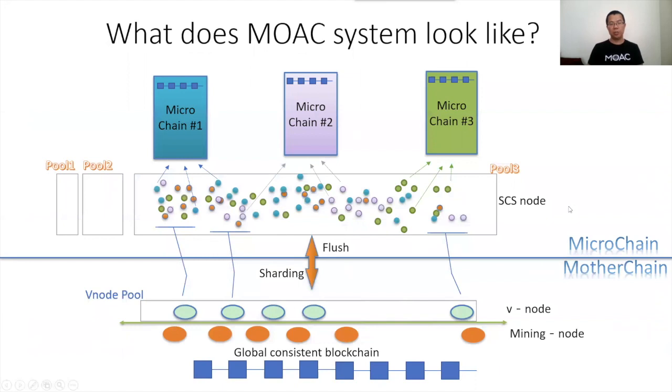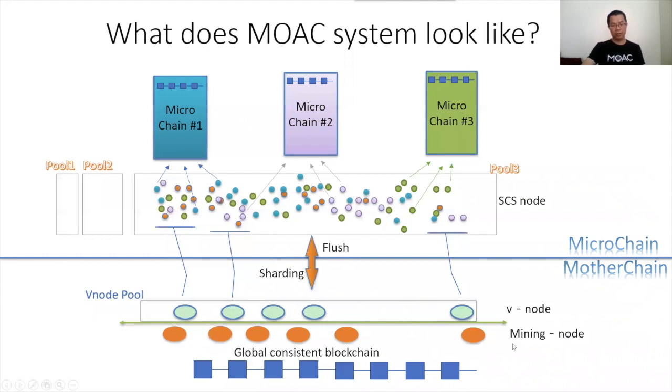Let's take a look at what the MOAC system looks like. As I said earlier, we have two layers. At the bottom, we call it the mother chain, and on top of it, we call it the microchain. The bottom is a globally consistent blockchain, just similar to Ethereum. It has two types of nodes.